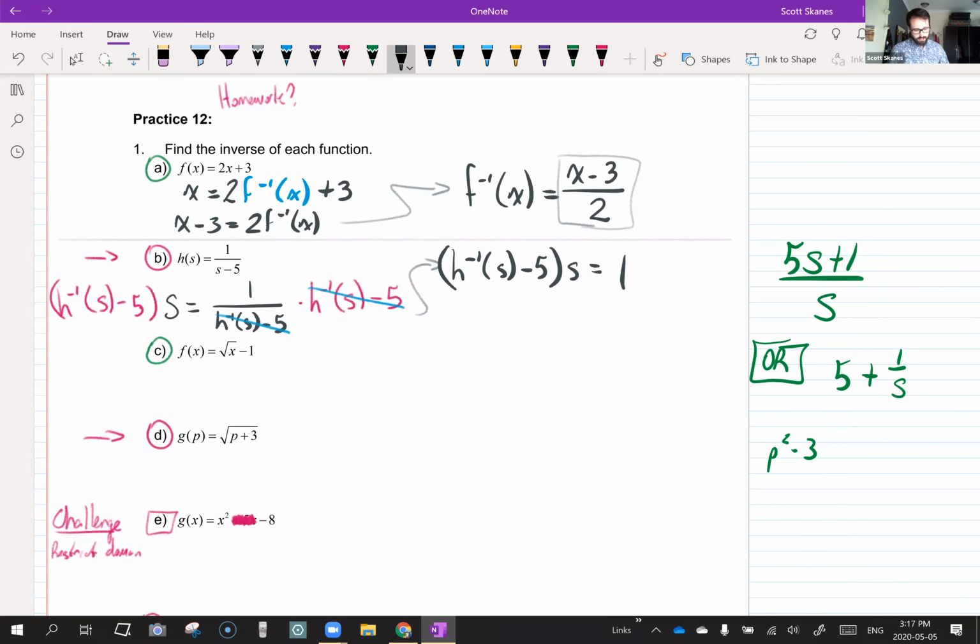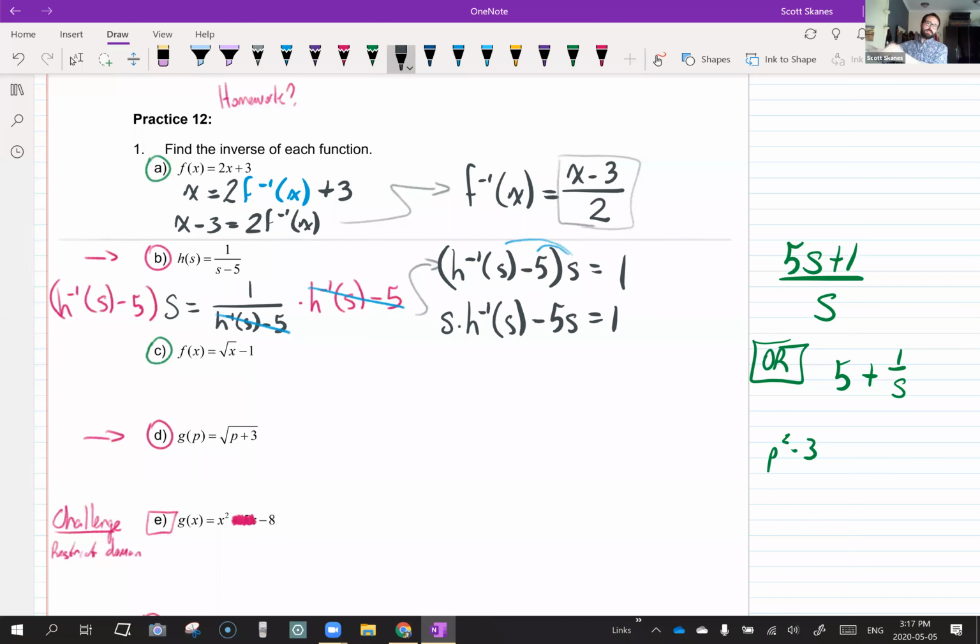So we've got this. What are we going to do once we've got this? Well, we should probably expand. So multiply S by both of these, which I think is probably what was going wrong with some of you. This is now S times that function, and then 5S equals 1.